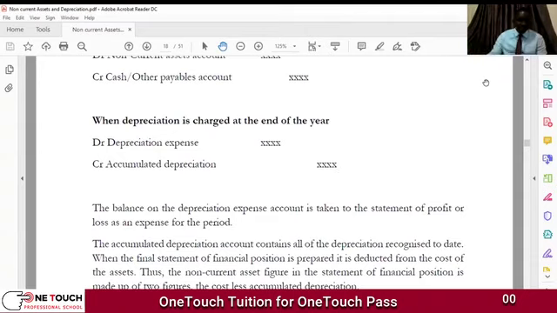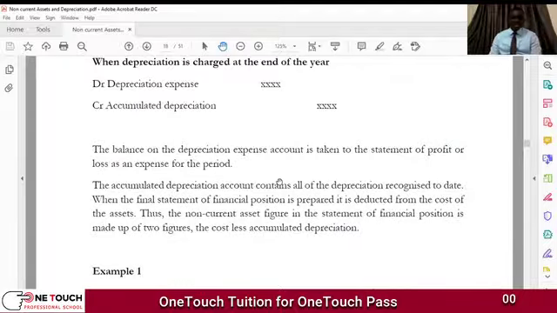Now the balance on the depreciation expense account is taken to the statement of profit or loss as an expense for the period. So at the end of the year, when the entity is preparing its accounts, the amount of depreciation charged on their assets should be treated as what? As an expense.